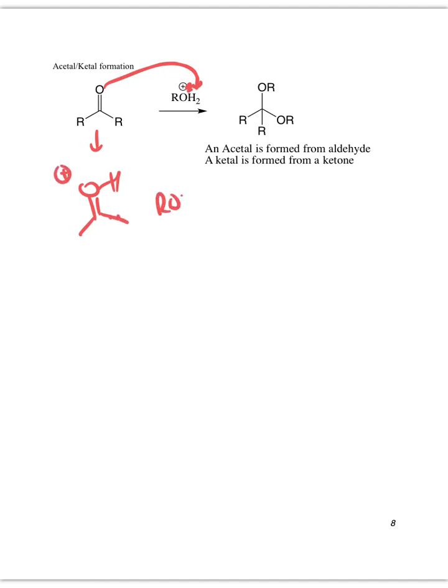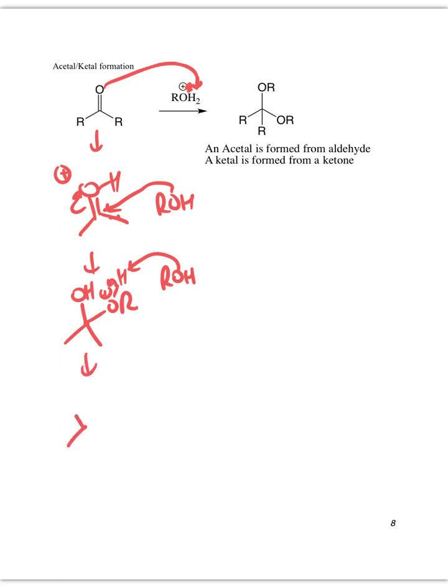And then our alcohol can add in, break the carbon-oxygen double bond, giving us the OH, the OR with the extra hydrogen on it, and our other alkyl group. Then our alcohol solution can grab the extra hydrogen off to give us the OH and OR on there, the hemiacetal.